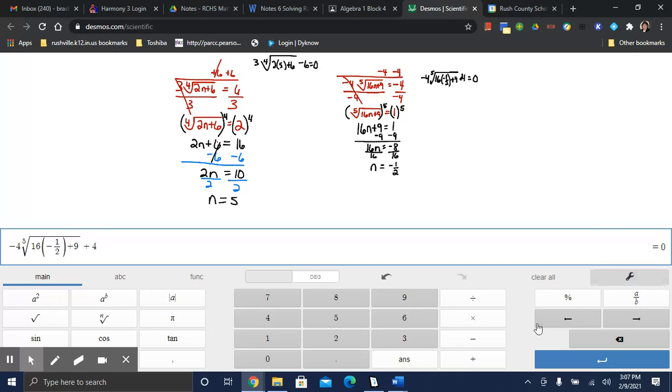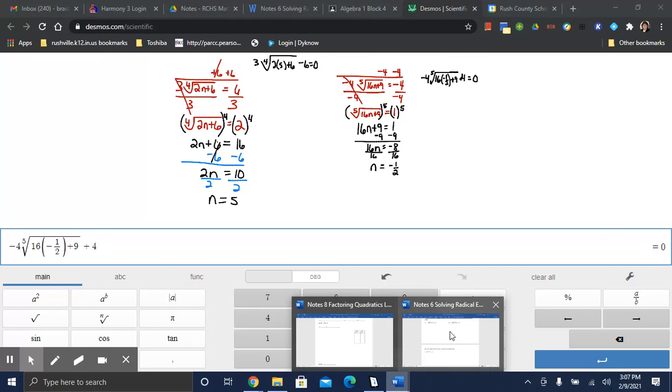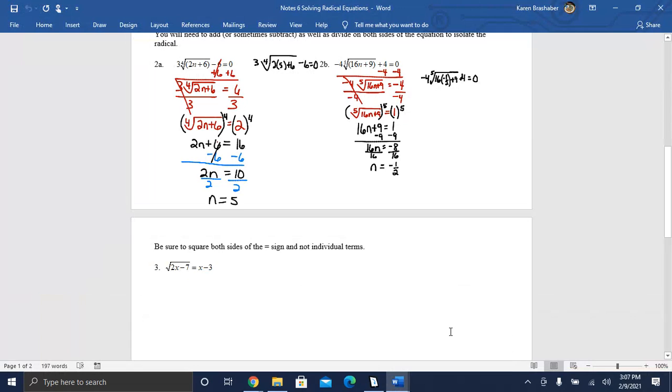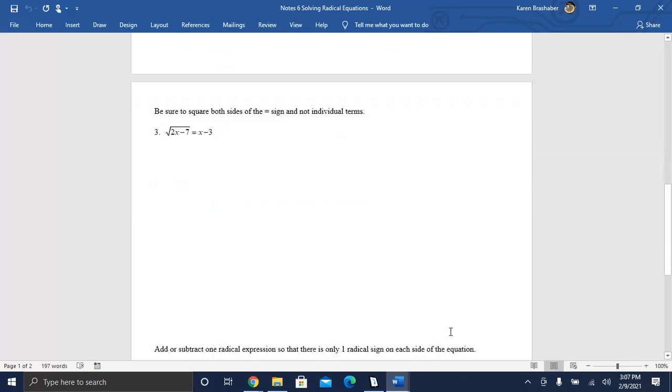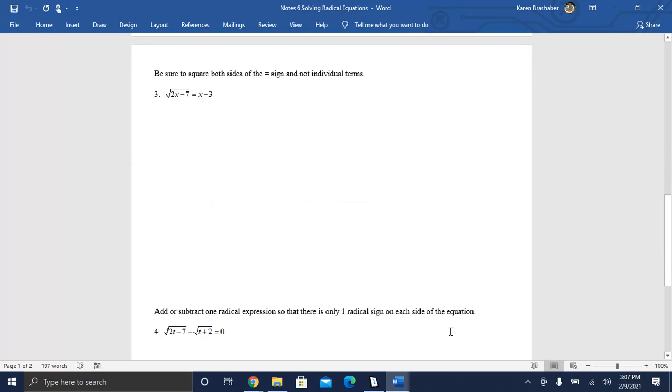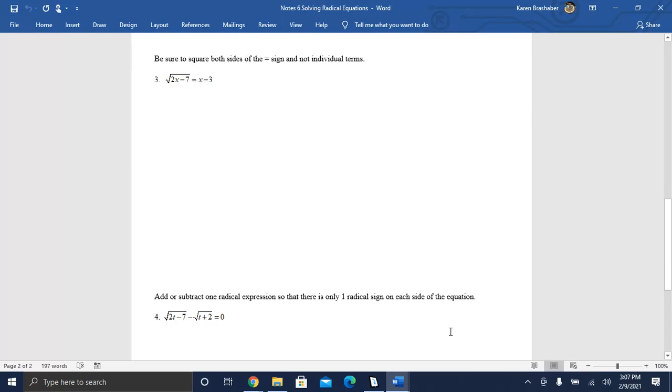So those are your initial examples. If you'll turn your paper over, we have a couple of other things that do occur with radicals. Sometimes when you are working with these, the right-hand side of the equal sign is not just a number.